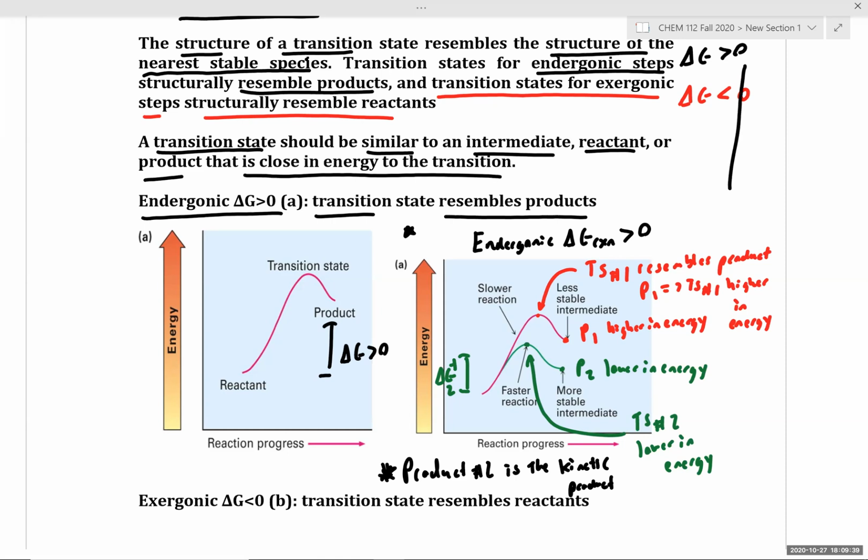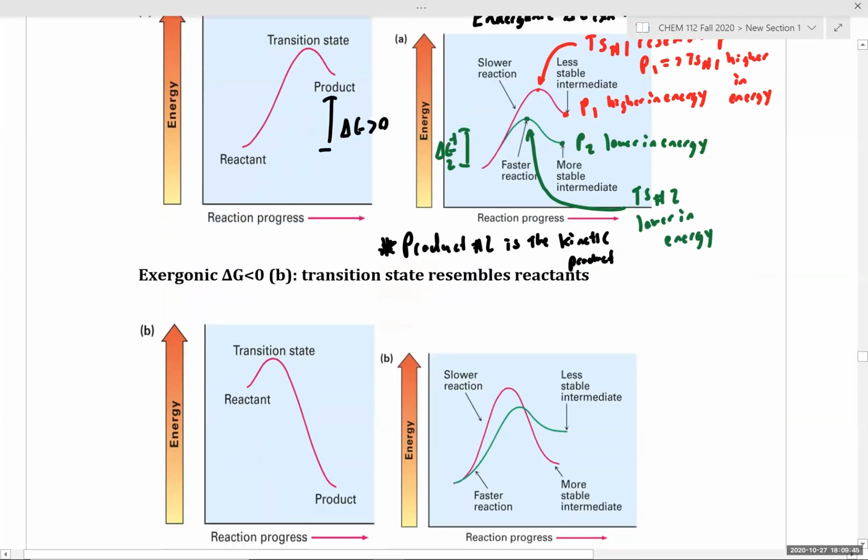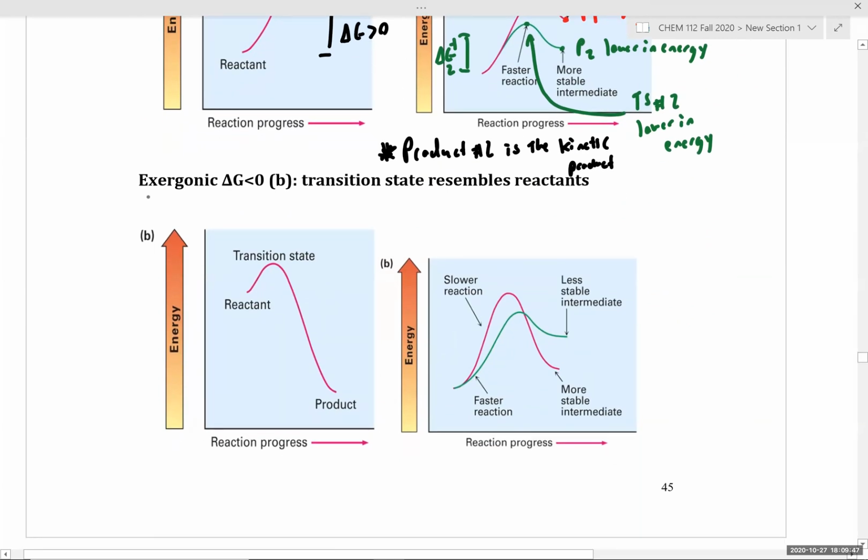Now, we're next going to look at the exergonic reactions. Exergonic, like exothermic, the Gibbs energy is less than 0, and in this case, our transition state resembles our reactants. Okay, so for exergonic reactions, our transition state resembles our reactants.